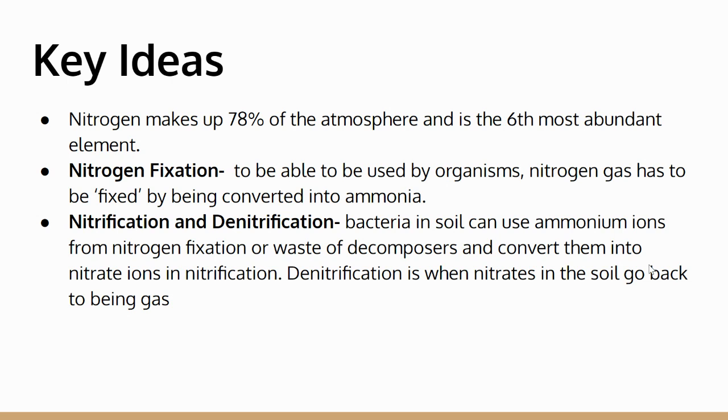Most organisms can't use nitrogen gas as a nitrogen source. It has to be put into ammonia, which is NH4, and that ammonia can be used by organisms, but the nitrogen gas cannot. So nitrogen fixation is just the process of converting nitrogen gas into ammonia.